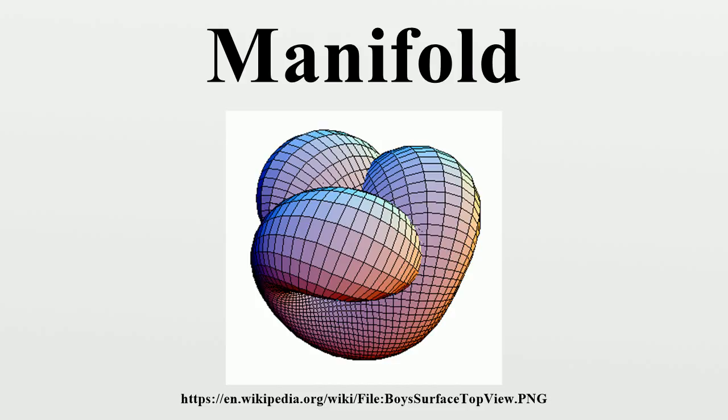Mathematical definition. Informally, a manifold is a space that is modeled on Euclidean space. There are many different kinds of manifolds and generalizations. In geometry and topology, all manifolds are topological manifolds, possibly with additional structure, most often a differentiable structure.